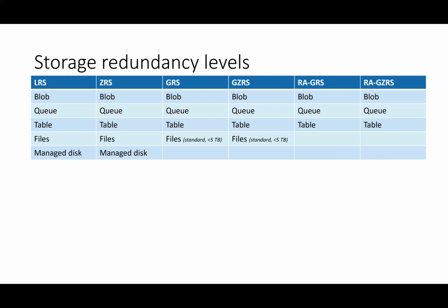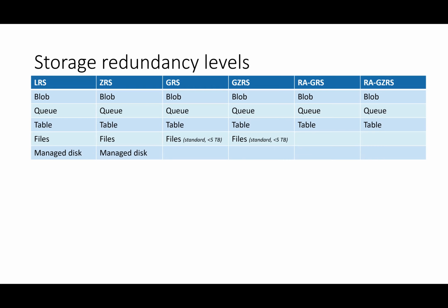I tried to make up a little table here, and really I wish I'd deleted this slide because it doesn't make too much sense if you're new to Azure. But anyway, locally redundant storage is the lowest level, and that's always 3 copies within the local region. It's not necessarily the local data center, but certainly within an availability zone. That's what's meant by local.